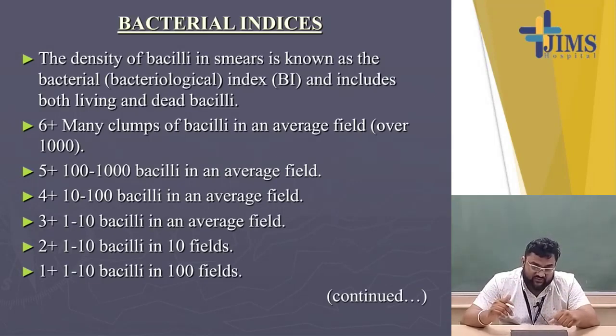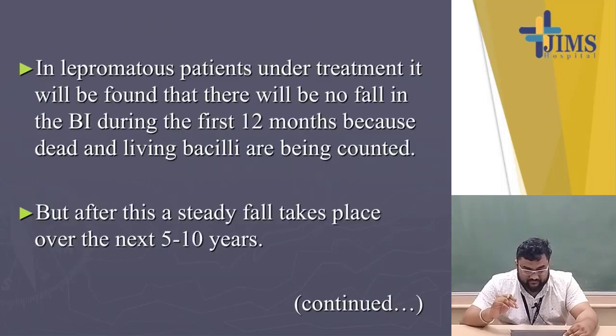If it is 100 to 1000, we call it 5 plus. If 10 to 100 bacilli are seen, that is 4 plus. 1 to 10 is 3 plus. 1 to 10 in 10 fields is 2 plus, and 1 plus is 1 to 10 bacilli in 100 fields. This can come as a short note for you.